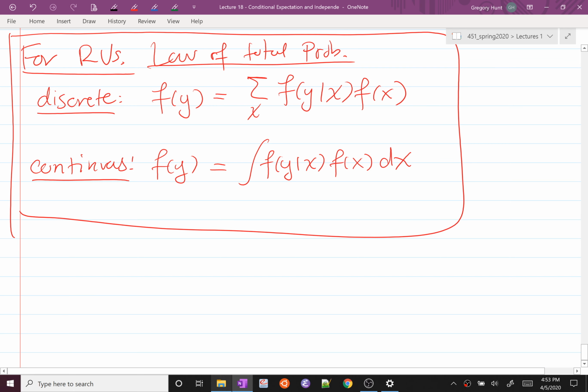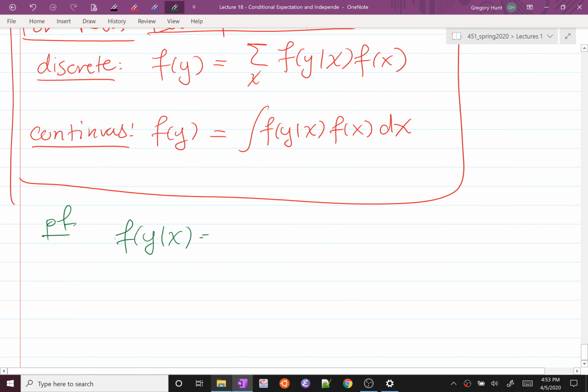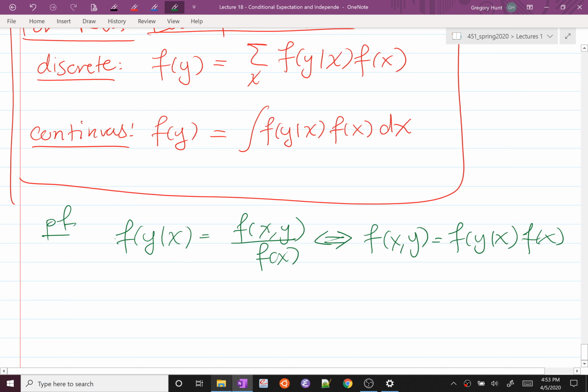The proof is that, let's say, f of y given x is the joint f of xy over fx, or equivalently, we can say fxy is f of y given x times fx, and so that's fact 1.